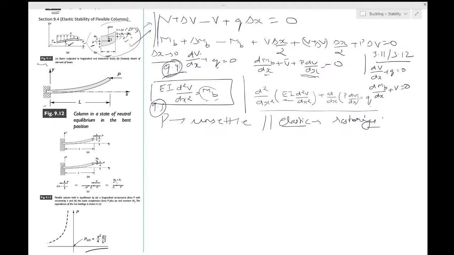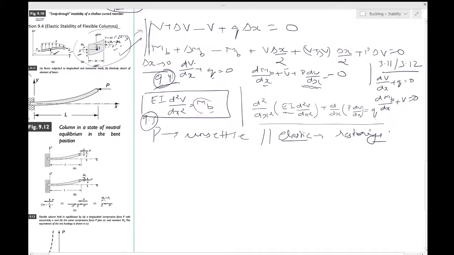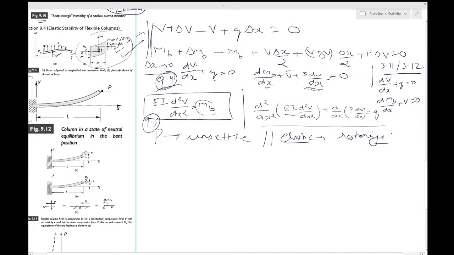Now for small loads, the straight position is stable and the beam is subjected to uniform compression. Well, we know that. Let's see this one at a time. For large loads, the straight position is unstable and the beam buckles.